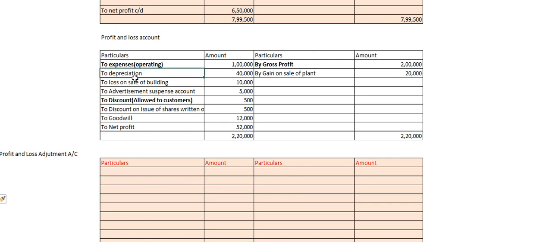Your non-operating expenses will be debited. I take the amount and the items from your profit and loss account. So you have your depreciation, to loss on sale of building, to advertisement suspense account, to discount on issue of shares, and to goodwill.